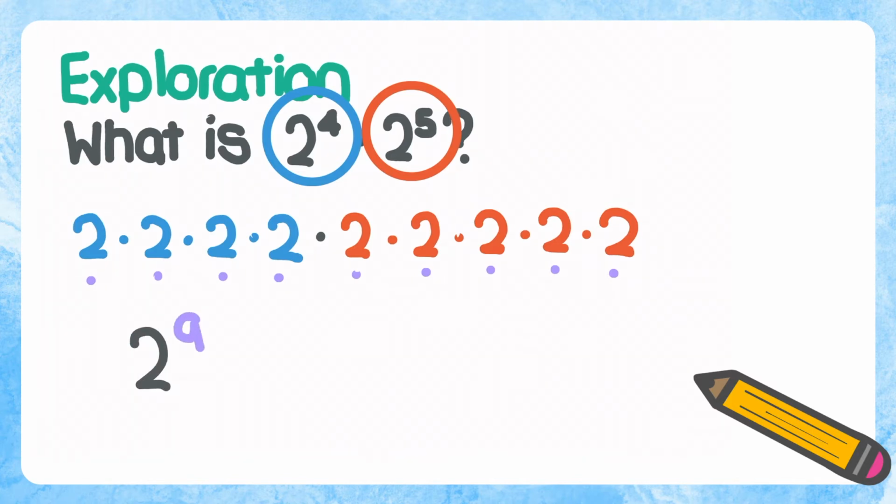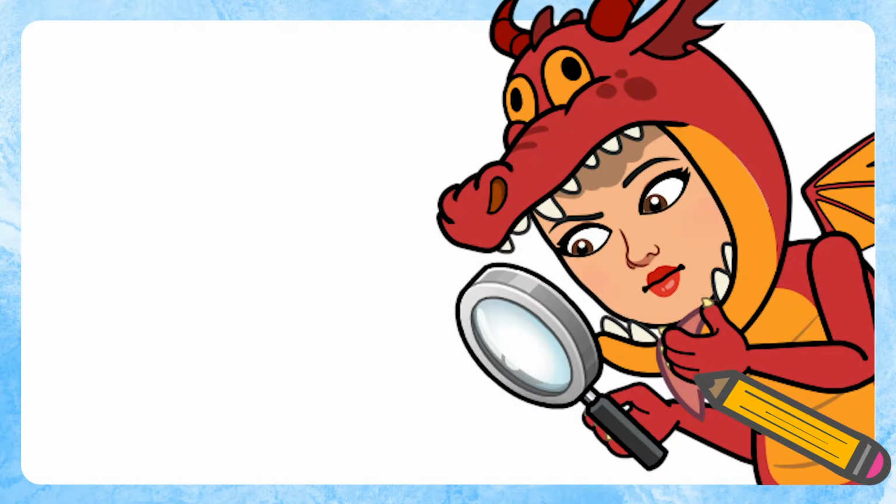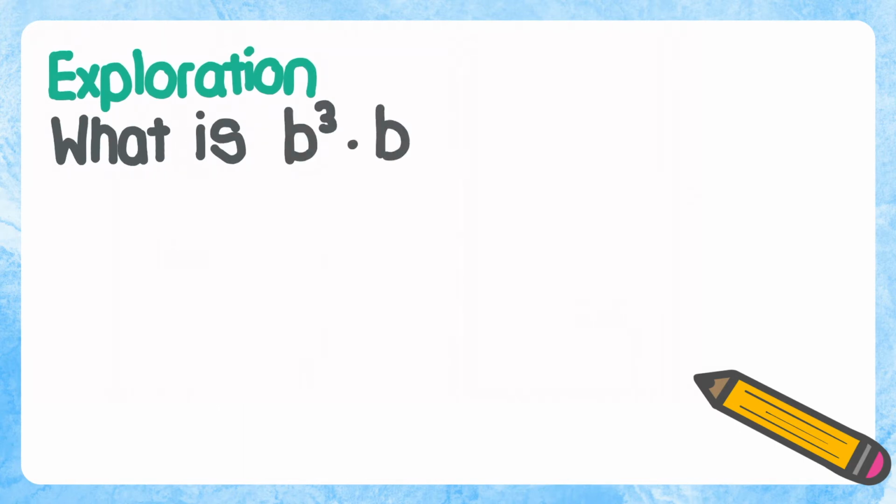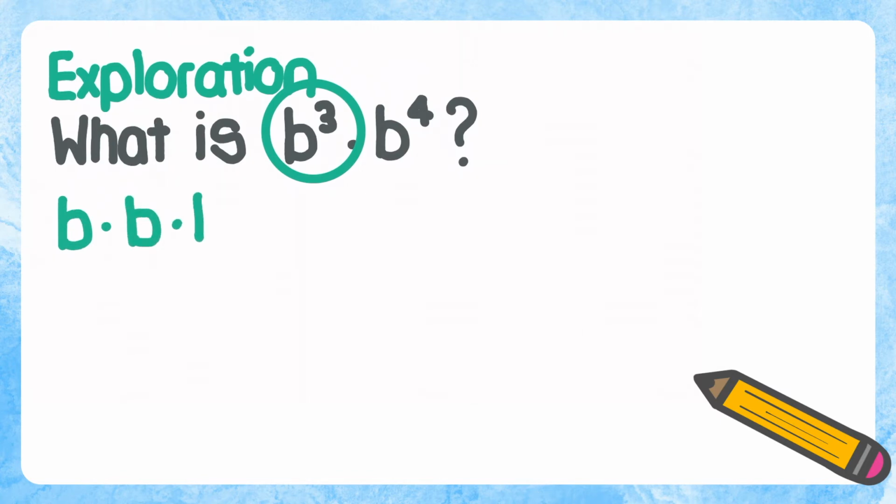Do you notice anything right here? Let's look at another exploration. So what is b to the power of 3 times b to the power of 4? So b to the power of 3 would be b times b times b.